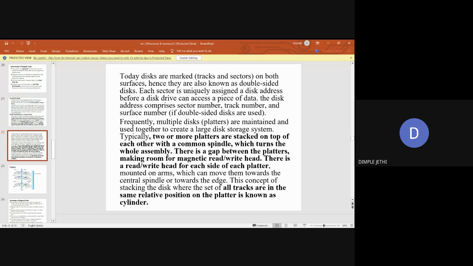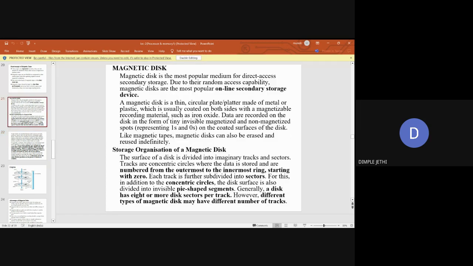So what I have explained is that we give the tracks, these concentric circles, a number from outermost to innermost, starting from 0 at the outer side. Then these circles are divided into sectors, which are pie shaped segments.